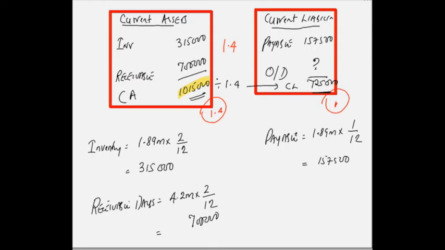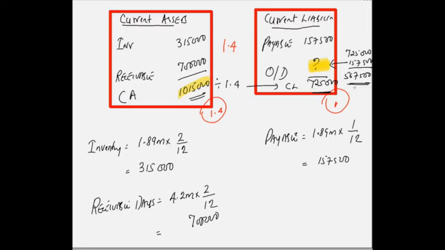So let's divide this by 1.4. 725,000. So now we can easily find out the size of the overdraft, isn't it? Because we know the total size of the current liability, which is 725,000. We have payable 157,500. From 725,000 minus 157,500, 567,500. So this is your size of overdraft.